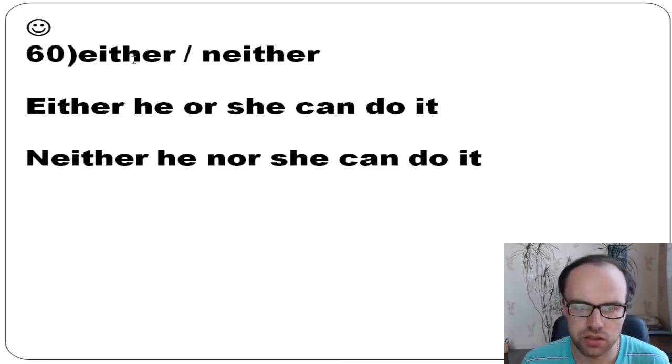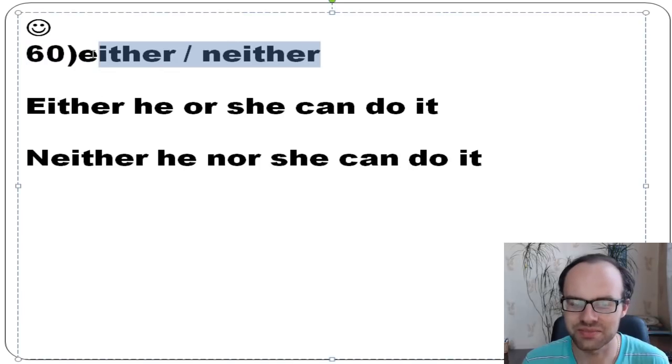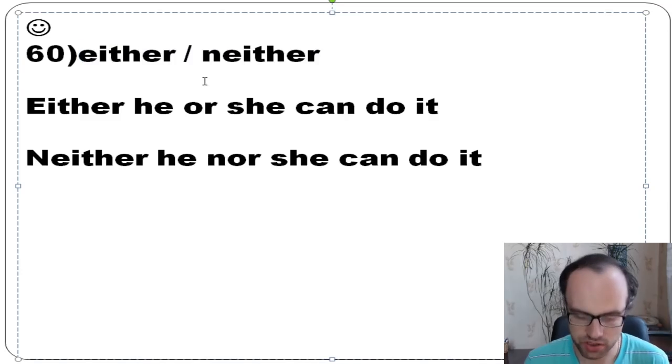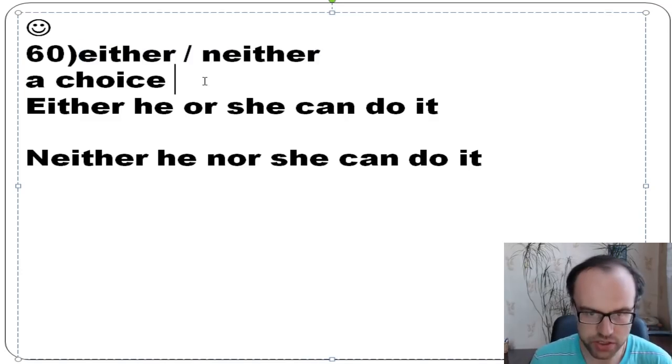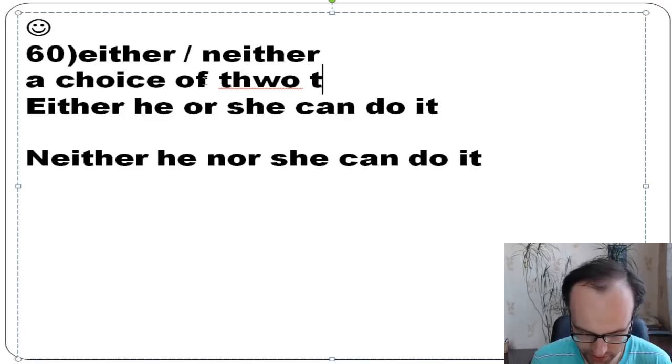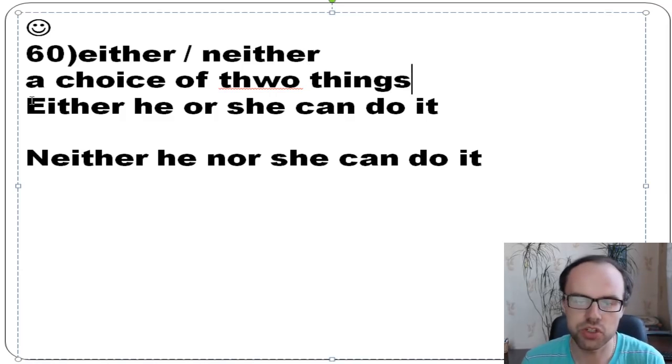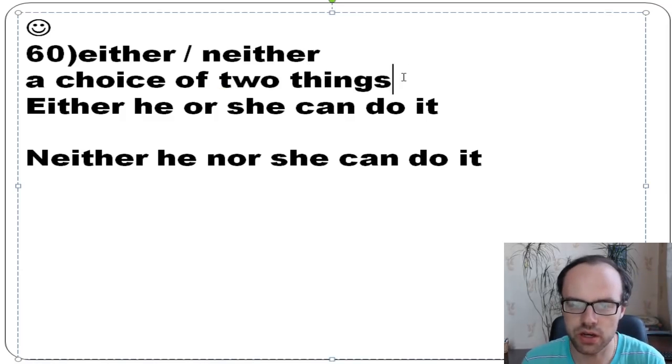Good. Next. So, you know that people pronounce these words differently, either, neither, or either, neither. It depends on British or American pronunciation. So when there is a choice of two things, we say either or.